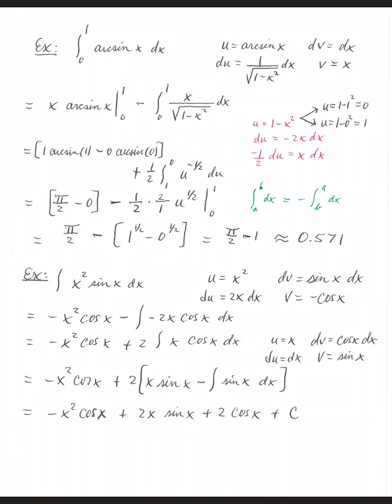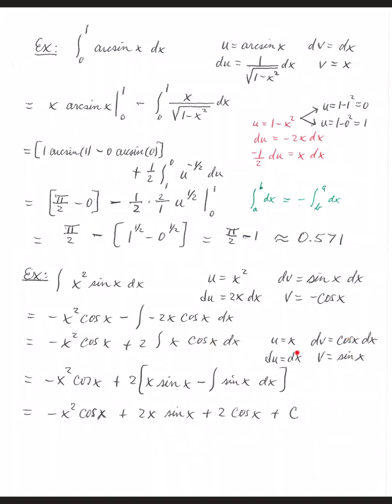So we have minus the integral of v du. These two negatives will make a positive, and I'm going to pull the 2 out. This integral is still algebraic times trigonometric. So algebraic ranks higher than trigonometric.